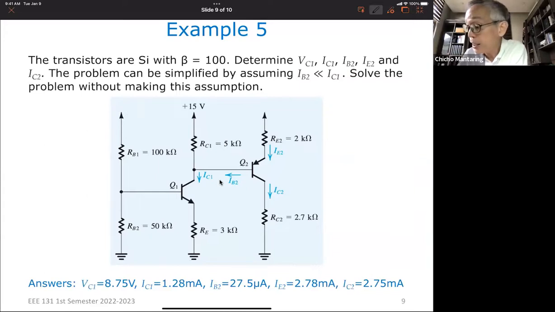Okay, this problem actually I picked up from Sedra and Smith, Microelectronic Circuits. There's a solution to this problem in Sedra and Smith, but in solving this problem, Sedra and Smith made the particular assumption that IB2 is very much smaller than IC1, so that it can be neglected.